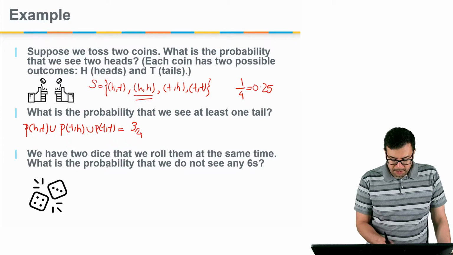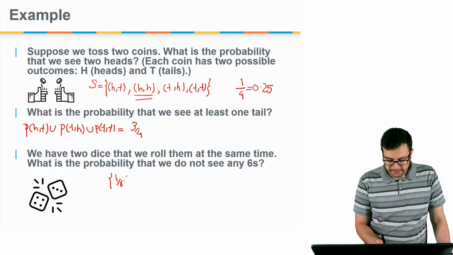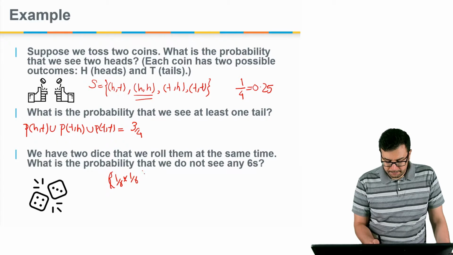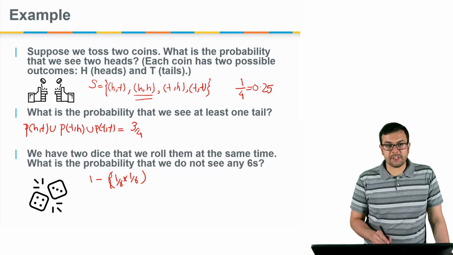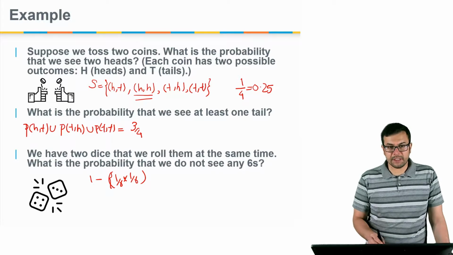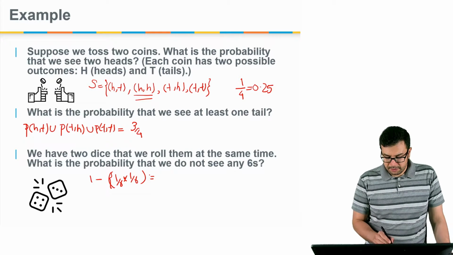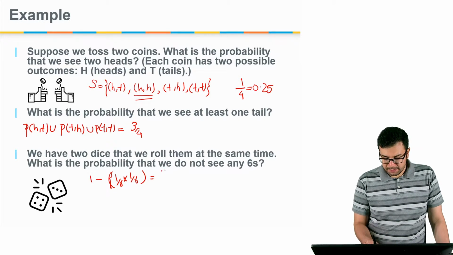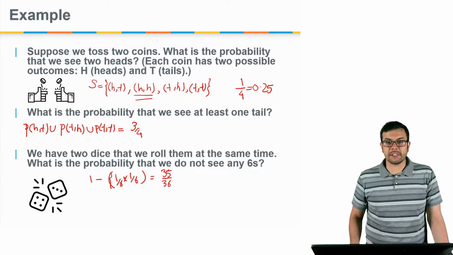The probability of seeing a 6 is 1 over 6 for one die, and since we have two dice, it's 1 over 6 for the second die, and we subtract it from 1. So what we have is 35 over 36.